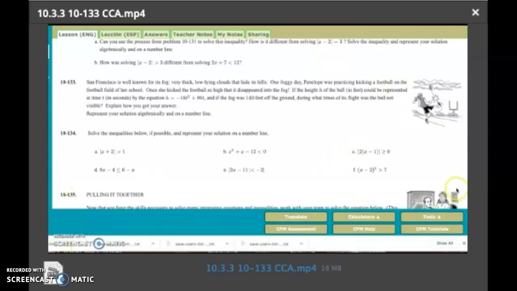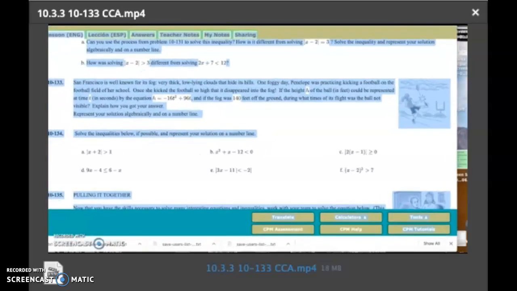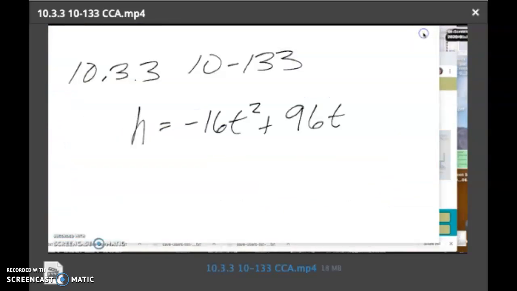So I know that I cannot see it when this is greater than or equal to 140 feet. So I'm going to change my equation to that. All right, and then I'm going to need to figure out what are the roots?